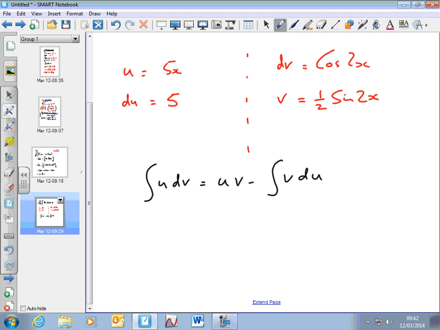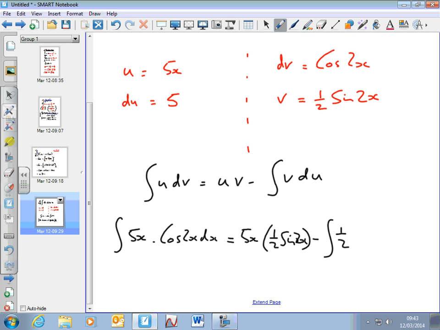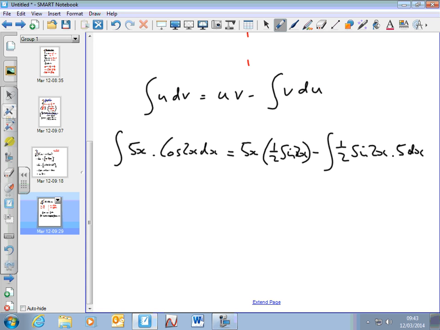So the integral of u dv, the integral of u, which is 5x, dv, which is cos 2x, in other words our original integral, equals u, which is 5x, times v, which is a half sine 2x, minus the integral of v, which is a half sine 2x, du, which is 5. And we end up with that.